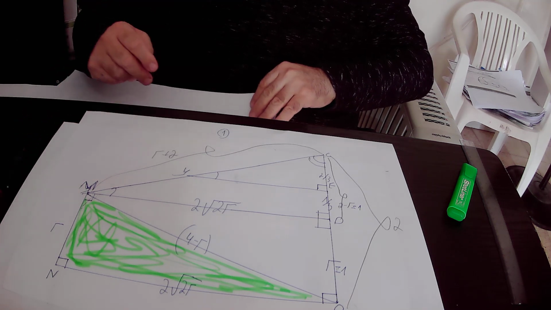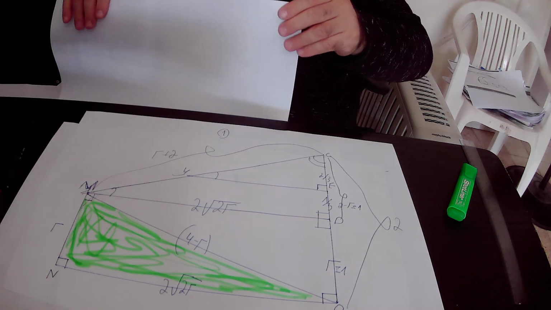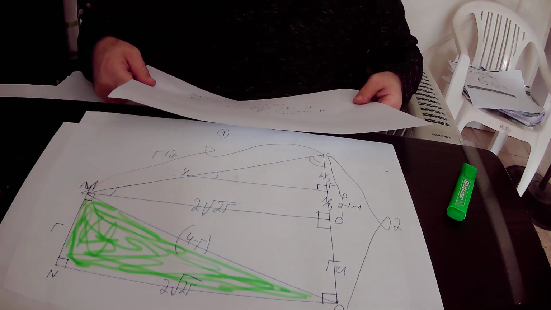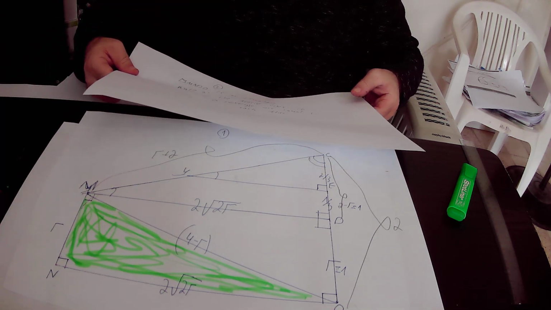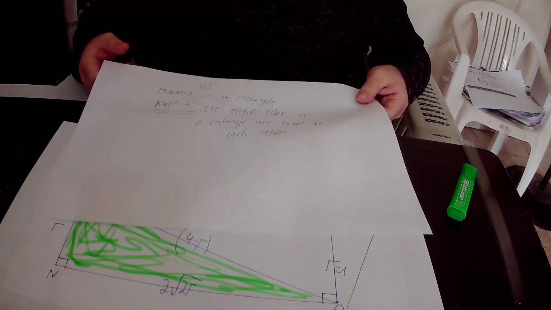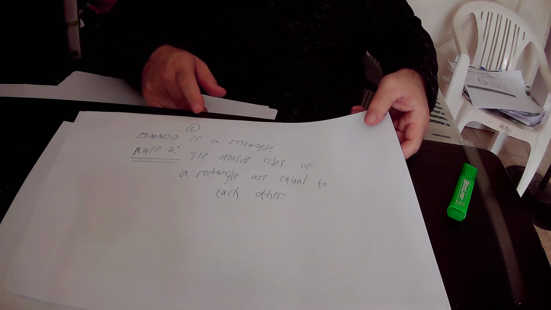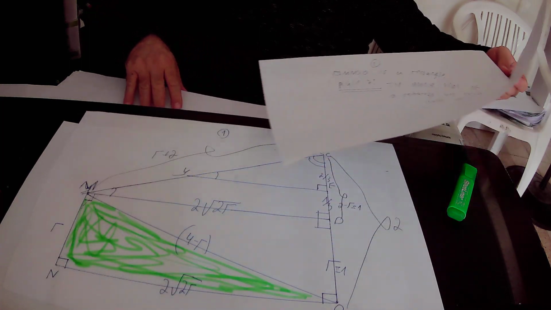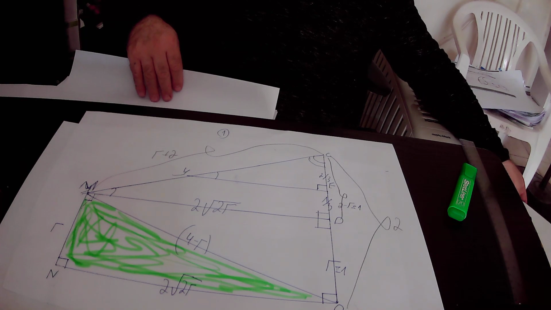Then we actually related to, I presented to you the rule number 2, that opposite sides of a rectangle are equal to each other. So I already mentioned.